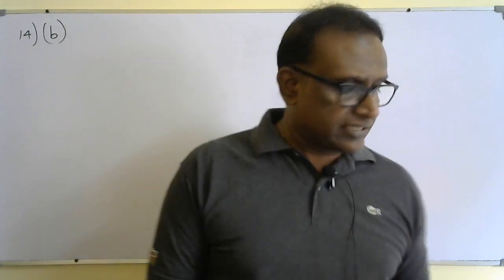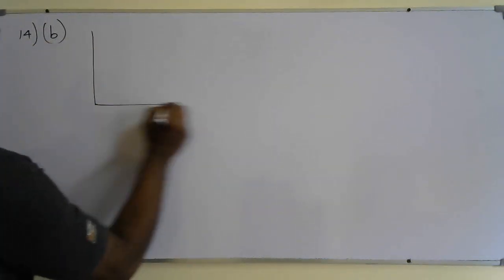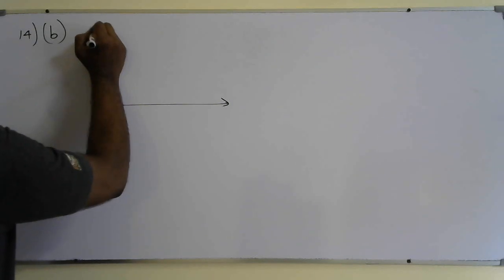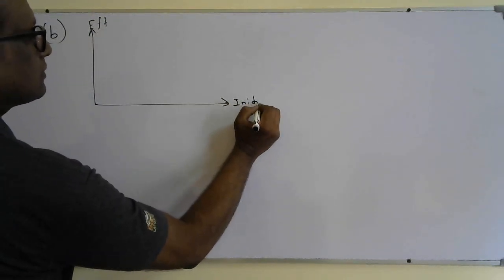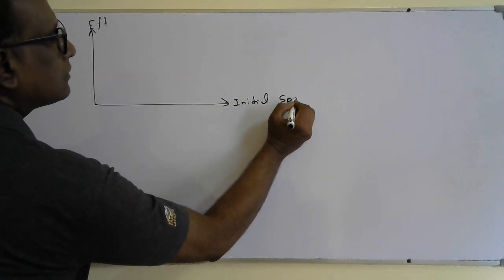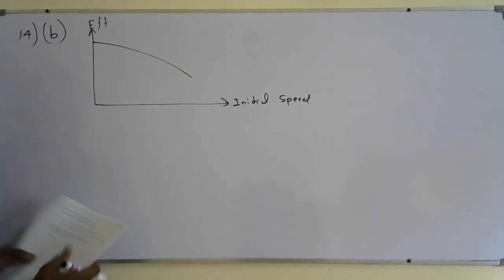The graph given is a decreasing graph, the efficiency against the initial speed, like this.